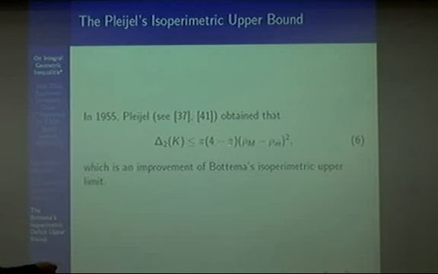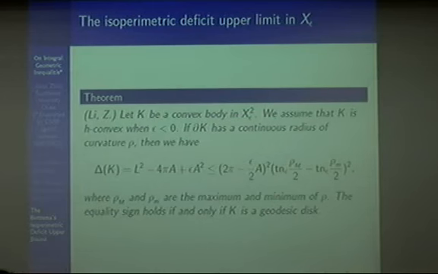This one is much better than the other one, because that one is pi squared. Okay, so this is two-dimensional. Then this is just 2010, and we have this upper bound when K is a convex body in the two-dimensional Euclidean space, the Euclidean plane, the two-dimensional hyperbolic plane, and the projective plane.